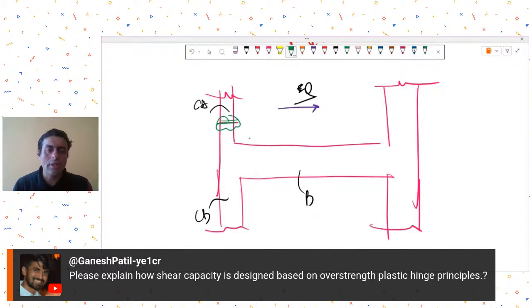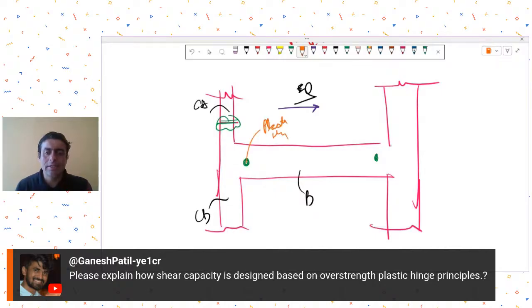So I don't want any such zone to be created in the column, because if such a zone is created in the column, it may lead to vertical collapse. So in a beam column frame, typically I desire to have such a zone in my beams. For these beams, I call them plastic hinges.